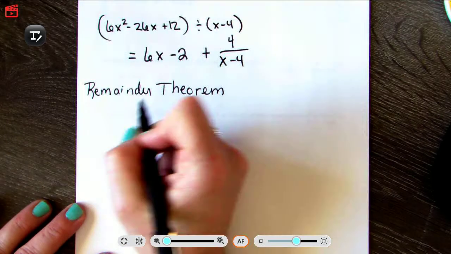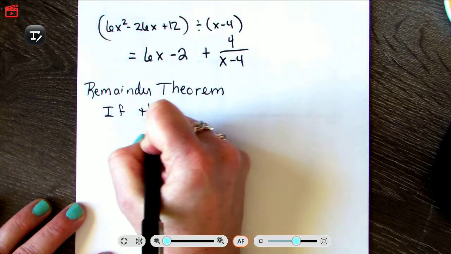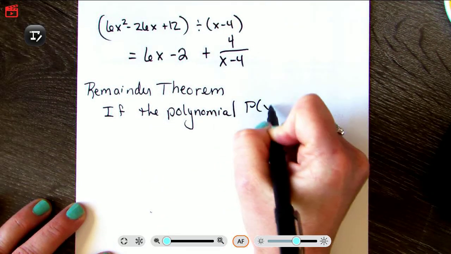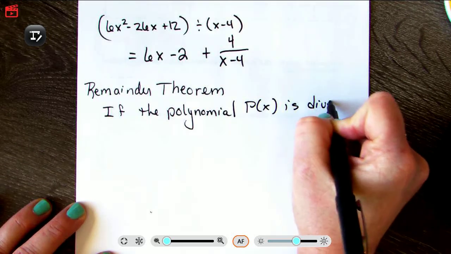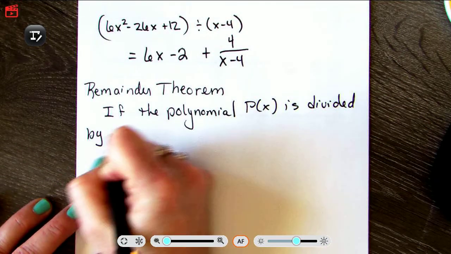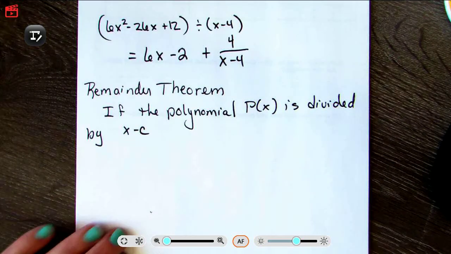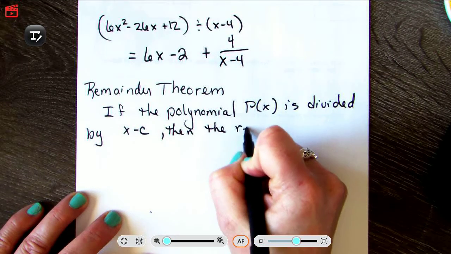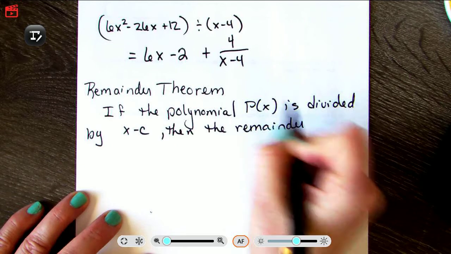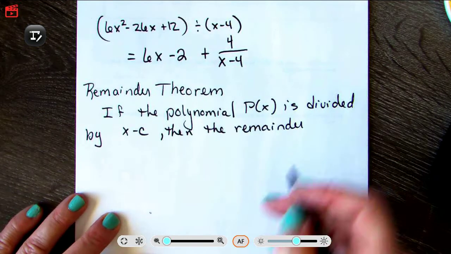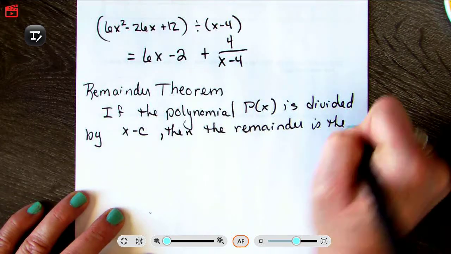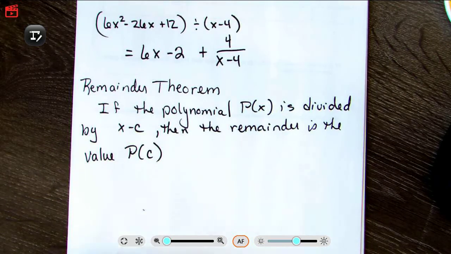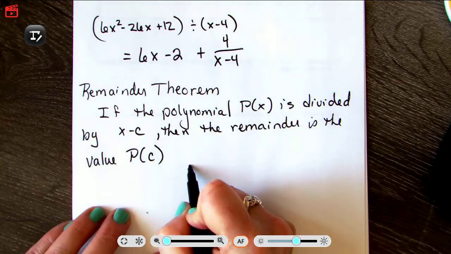So the remainder theorem says if the polynomial p of x is divided by x minus c, so in this case we did x minus 4, then the remainder, that 4 that we got, is the value p of c. Wow.